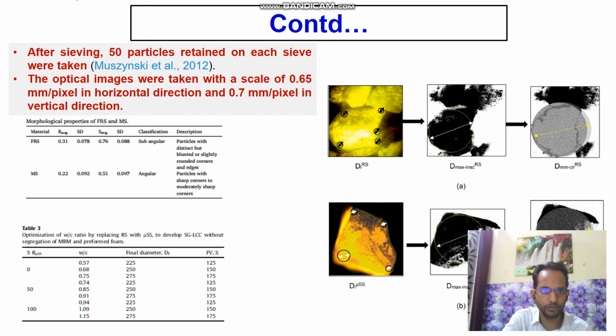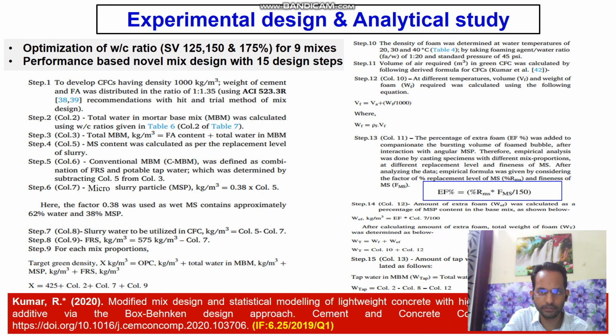You can see here that the roundness and sphericity ranged in the angular classification, so it generally breaks the preformed foam. Therefore, extra foam was added, and the formula is given here in step number 13. Similarly, on the basis of that preformed foam, OPC content, river sand, and microfine sludge, etc., were calculated.